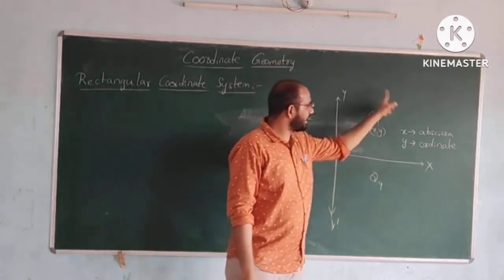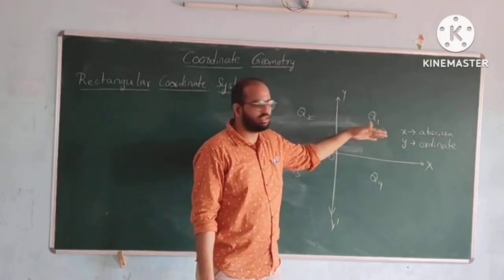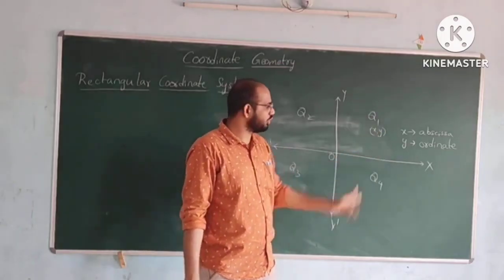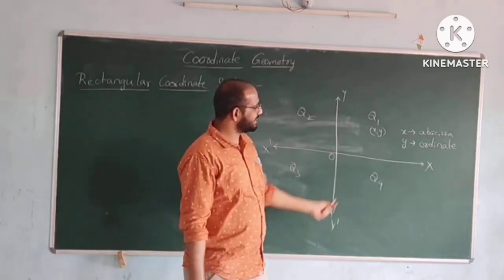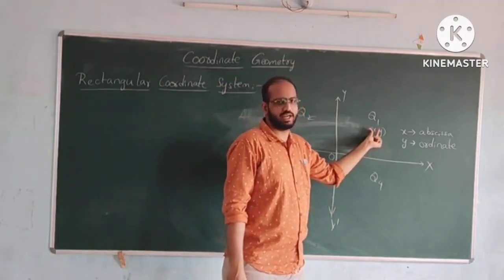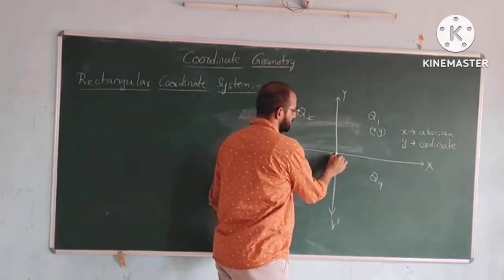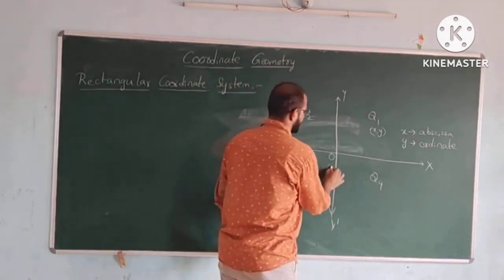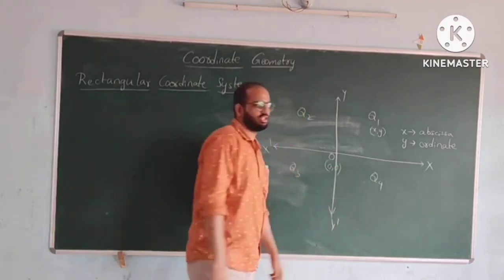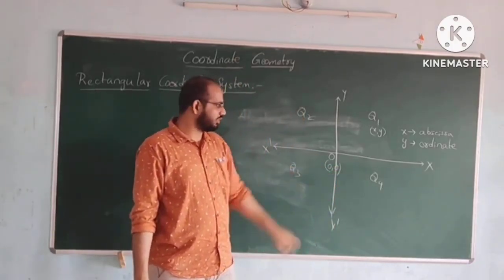If we take any point on a plane, it will have its individual x-coordinate and y-coordinate. So every point is determined by its x-coordinate and y-coordinate. The coordinates of the origin are 0, 0.